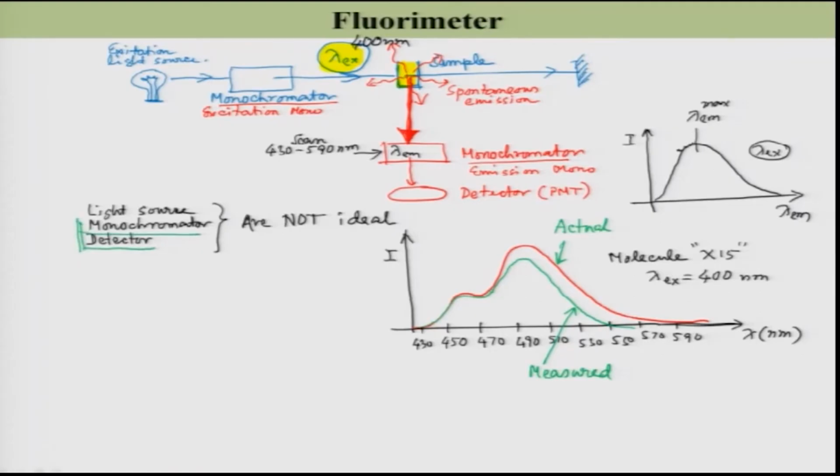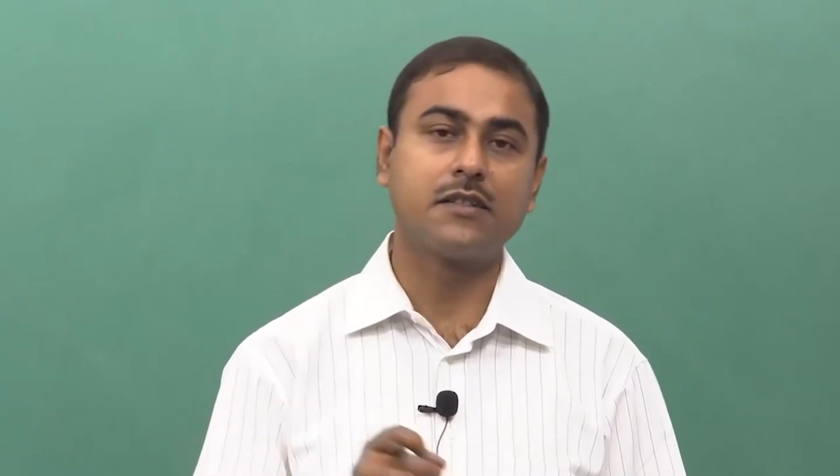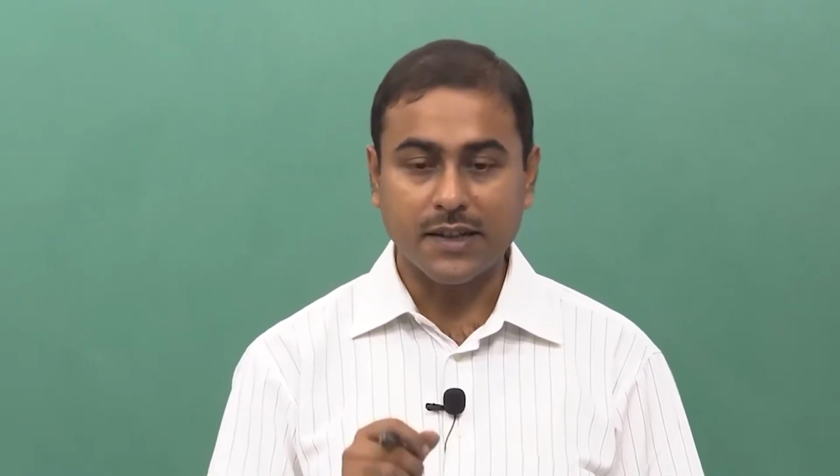Suppose I have this detector. So, the light intensity falls on the detector and it will generate the voltage. So, if the intensity is high, voltage will be high, if the intensity is low, voltage will be low. But if the same intensity of different color falls on the detector, it must give the same voltage.